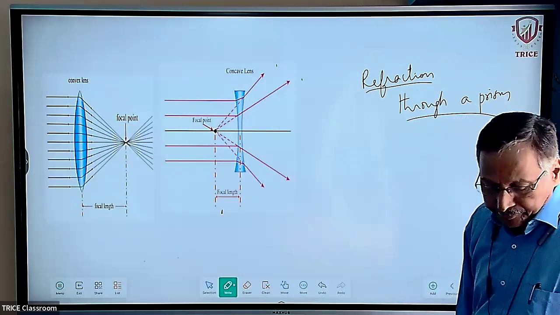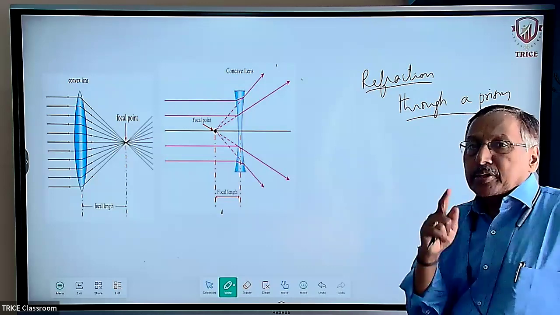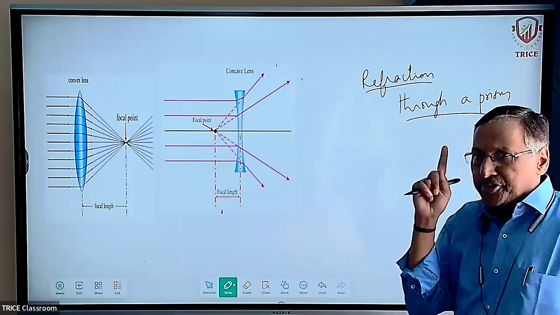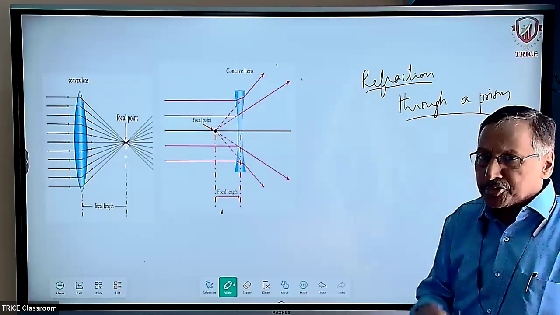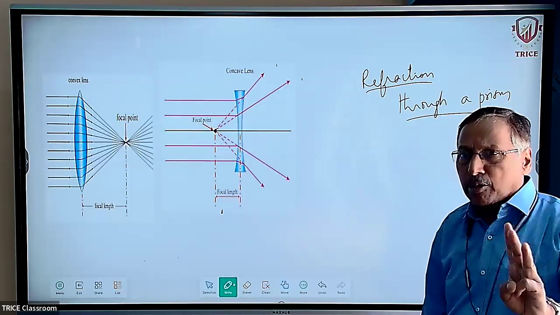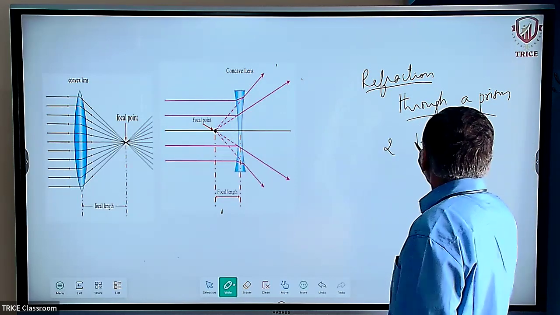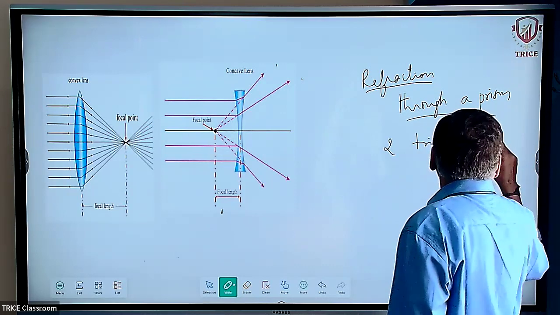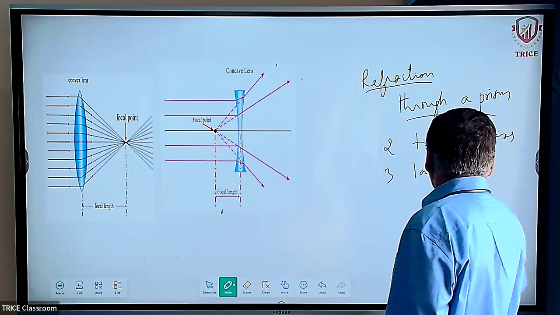Prism is a transparent glass device which has two triangular bases. A prism has two triangular bases and three rectangular lateral surfaces.